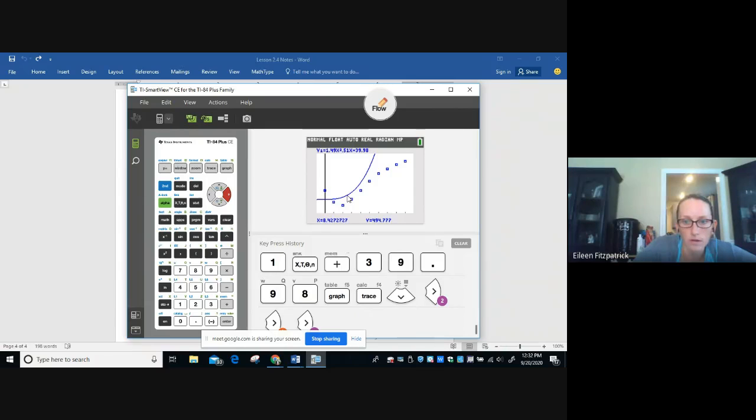I'm just going to scroll up till I get to about 500. So here you can see Y is almost 500 when X is 8.4. Y is just over 500 when we're at 8.5. All right, so we'd approximate when X is about 8.5, Y is 500. All right, and that would be the answer for letter C.